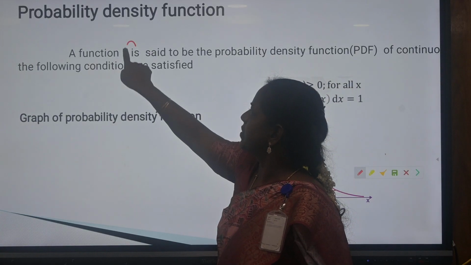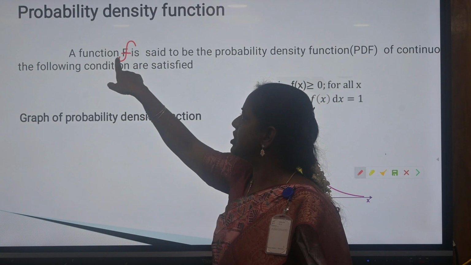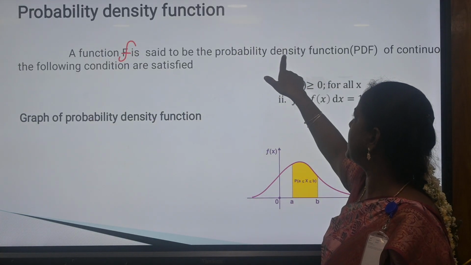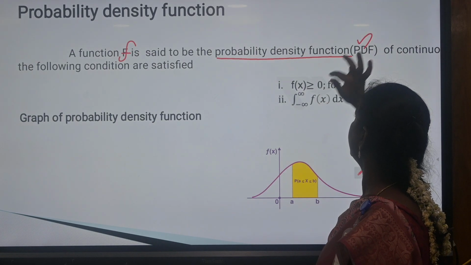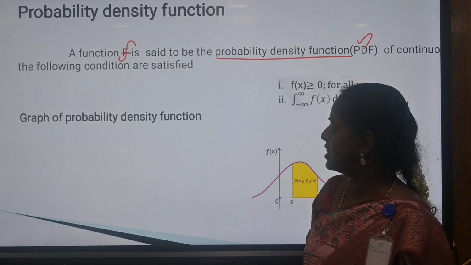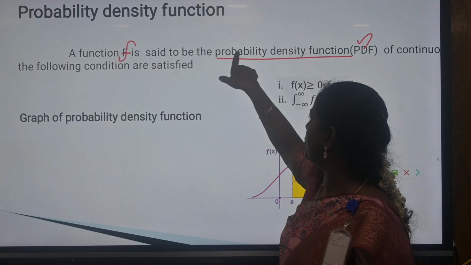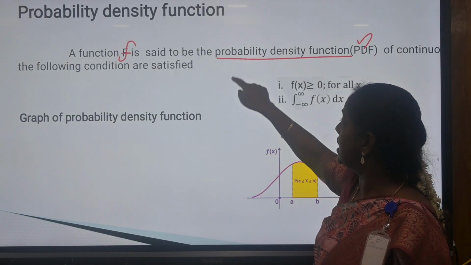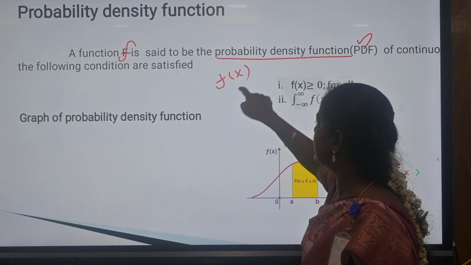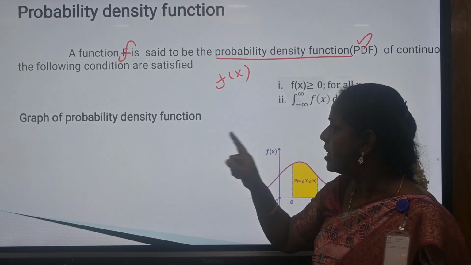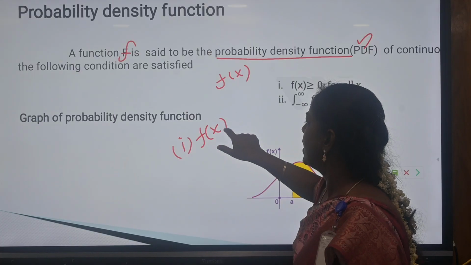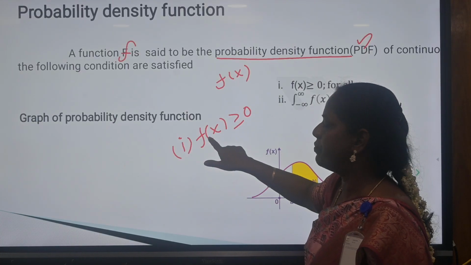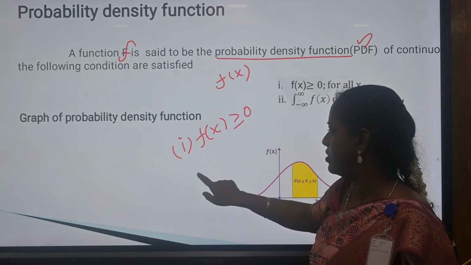A function small f is said to be the probability density function, also called the PDF, if the function f of x satisfies the following two conditions. First, f of x is always greater than or equal to 0.